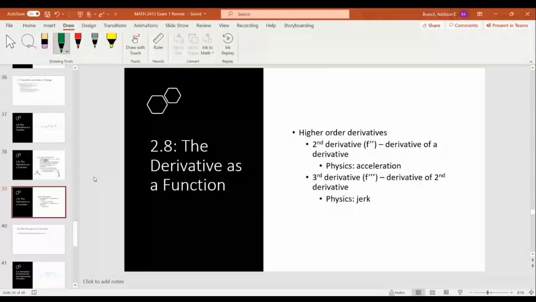And I personally have never really seen very many examples, but in case it comes up, the application for physics would be referred to as a jerk. So in conclusion, if we're talking derivatives with physics, just a good thing to know is that your initial function is going to be your position.